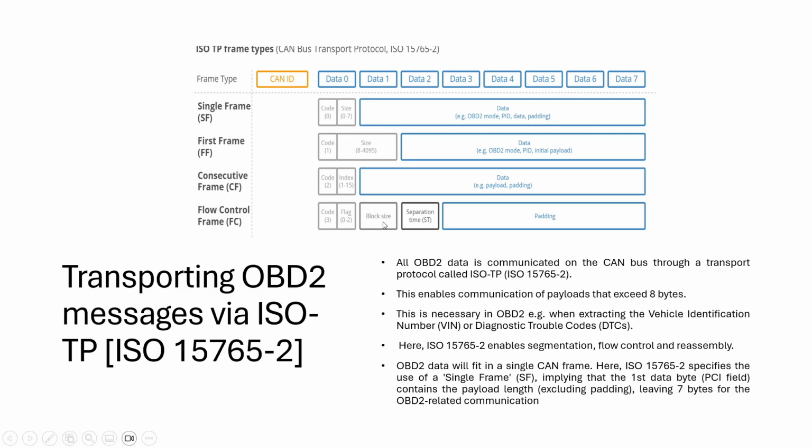Another field called block size specifies the segmented block size, and the separation time specifies the separation timing. It's all coming under the flow control mechanism. So this is the frame format used under OBD2 with the transport protocol.